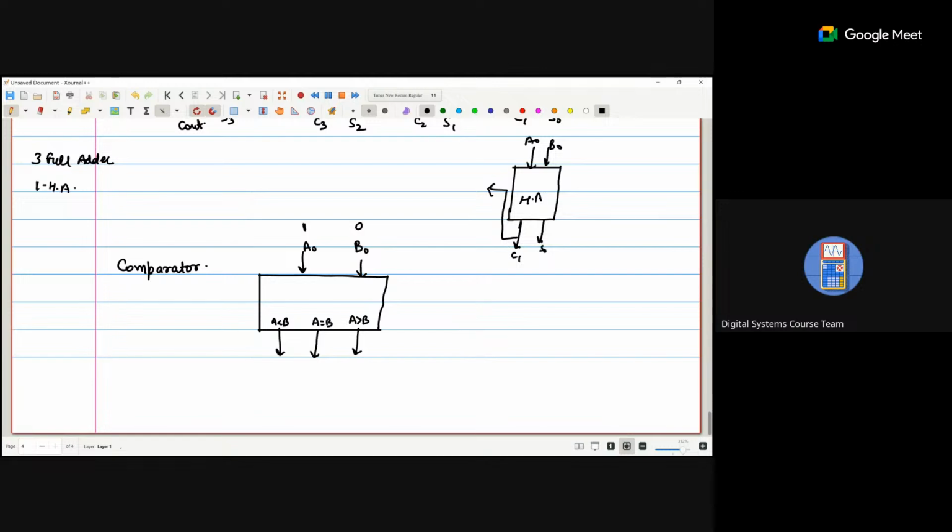That means A0 is greater than B0, so here we get a 1, and these other two pins we get as 0. The comparator circuit only compares the two inputs. The input can be 1 bit, 2 bit, 3 bit, or 4 bit, according to our requirement, but it compares the inputs. Is it clear? Yes, sir.